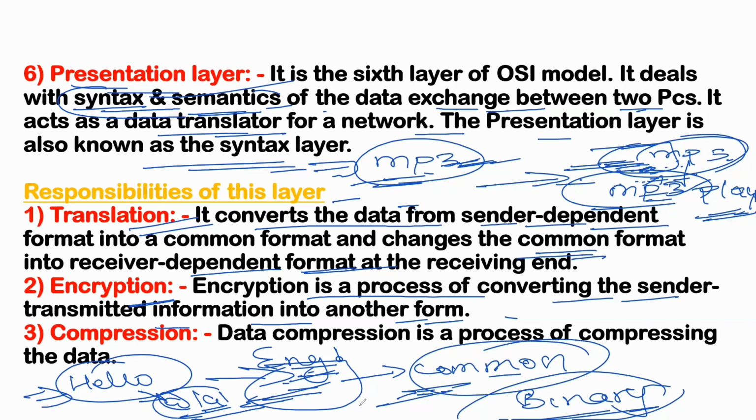Suppose you use Windows or any application to send data over the network. If you have heard about remote connection, for remote connection we have two types of protocol: the telnet protocol and the SSH protocol. Telnet sends the data in normal format, and SSH, secure shell, encrypts the data.